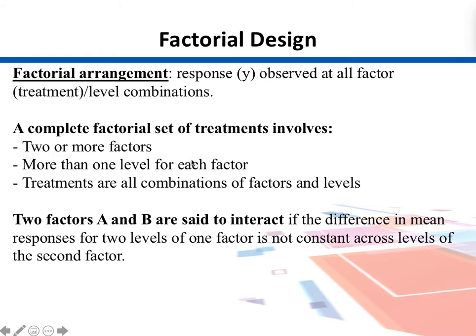A complete factorial set of treatments involves two or more factors and more than one level for each factor. Treatments are all combinations of factors and levels, and two factors A and B are said to interact if the difference in mean responses for two levels of one factor is not constant across levels of the second factor.